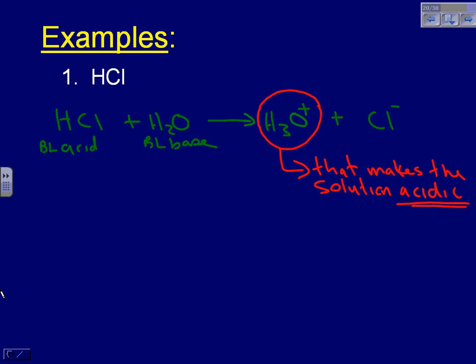So now when you see a product in a Bronsted-Lowry acid-base reaction that is H3O+, you can say, that's a good old-fashioned acid right there. That's going to make litmus paper red. It's going to make the pH meter give me a low number. It's going to taste sour. Okay? So that's what's telling you if that thing is acidic or basic. I don't want to use "is an acid" anymore.